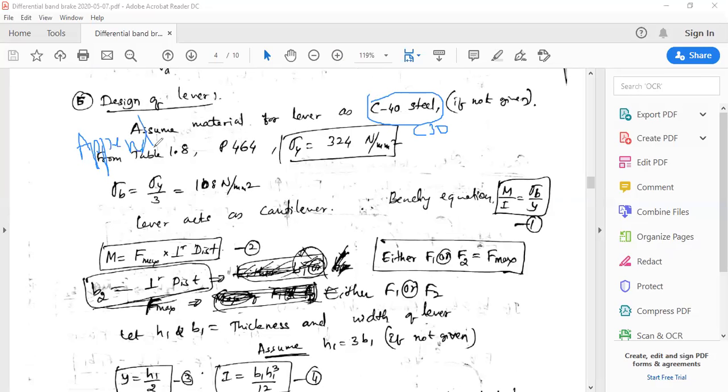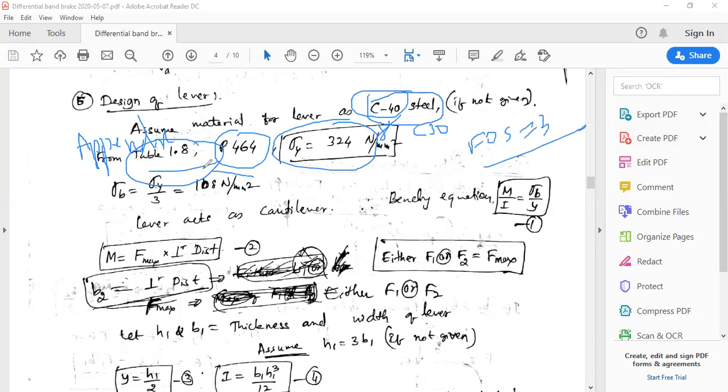In the appendix, refer to table number 1.8, page number 463, 464, where the value of sigma y for C40 steel is 324. Assume the factor of safety between 2 to 3, better you assume 3, so that the value of sigma b will be 108 Newton per mm square.